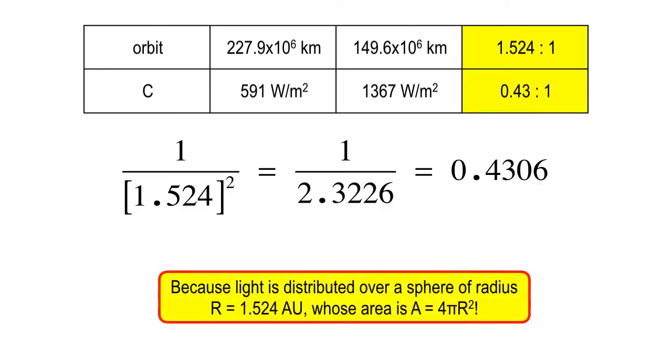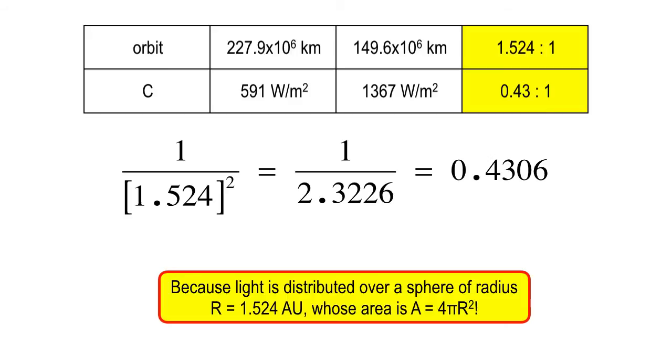The reason is that the light from the sun is distributed over a sphere of radius 1.524 astronomical units, and the area of that is 4 pi r squared. So all those photons of sunlight are distributed over a much larger sphere.